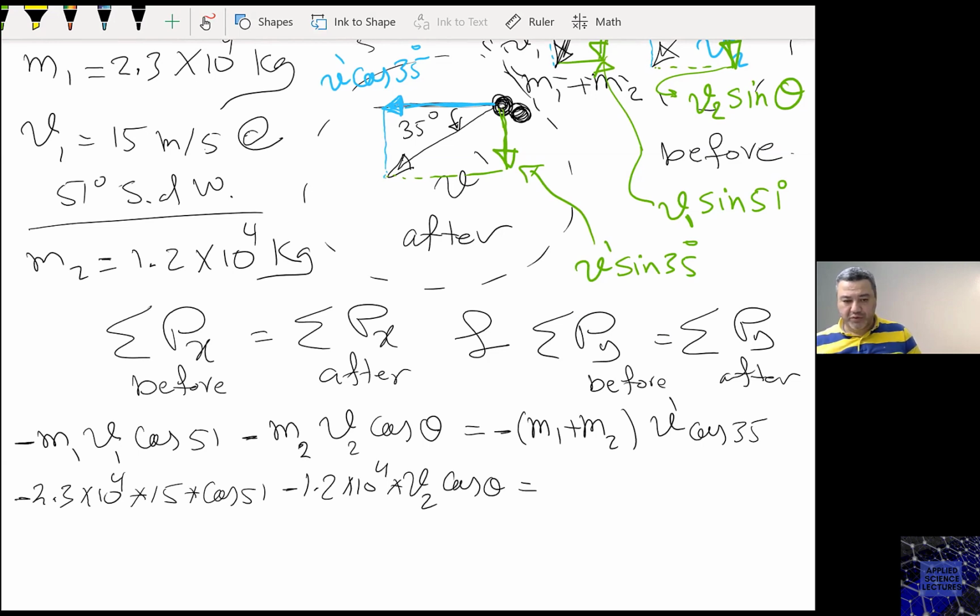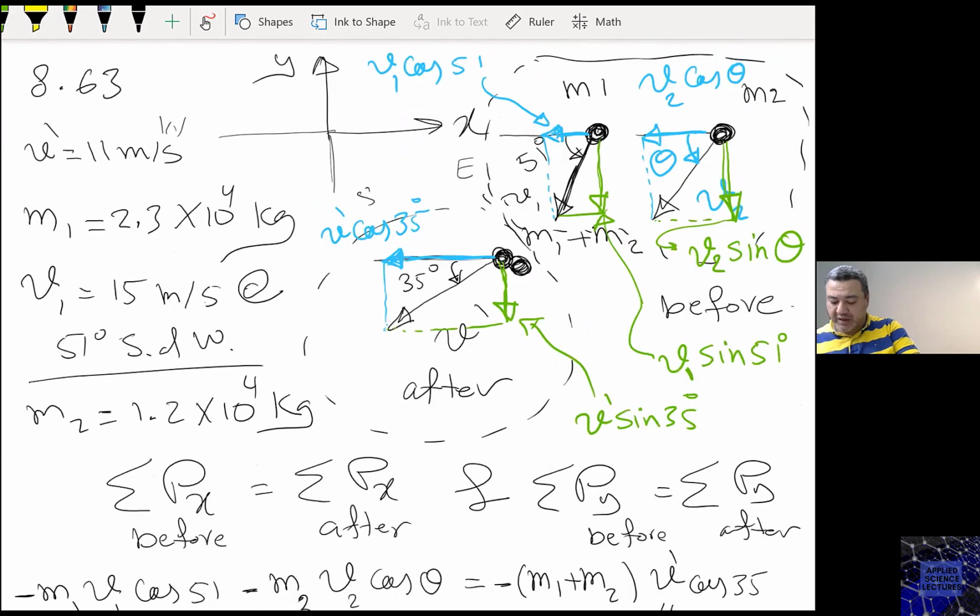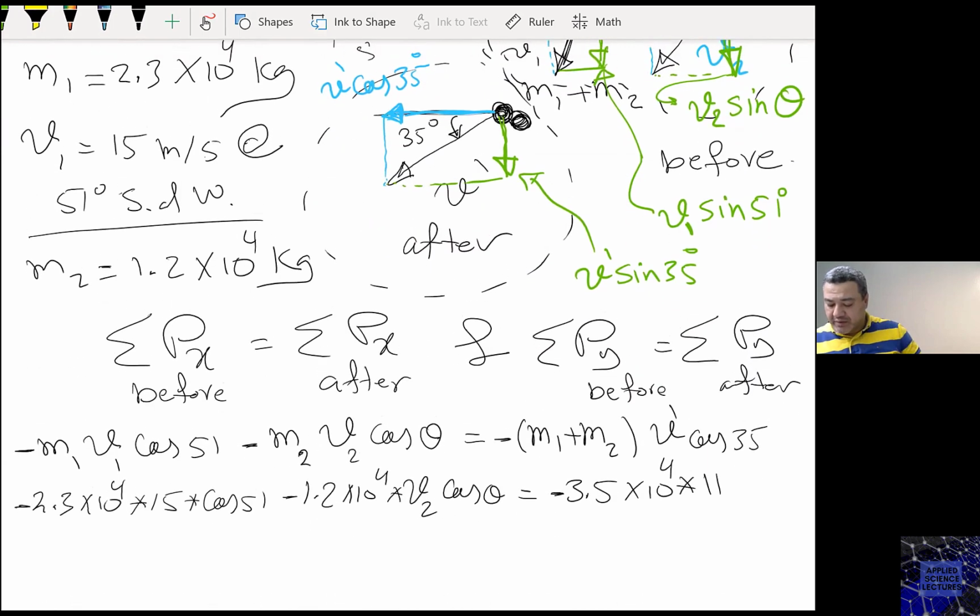I don't know those. Minus (m1 plus m2), which is 3.5 × 10^4, times v prime, which is 11 times cosine 35 degrees.